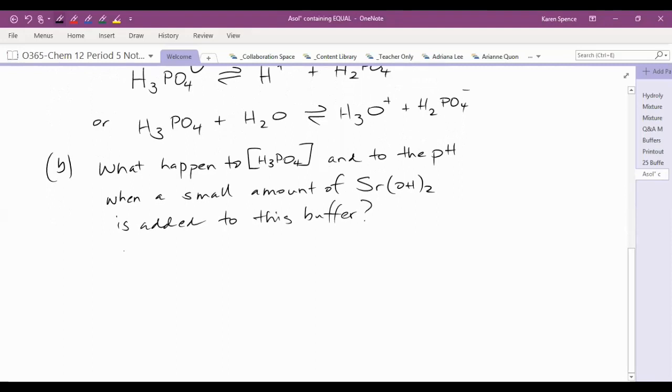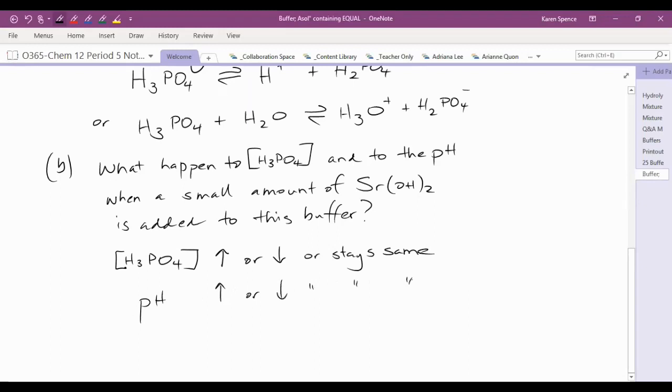So you can think that through. We are looking for whether the H3O plus increases or decreases or stays the same. We are looking for if the pH increases or decreases or stays the same.